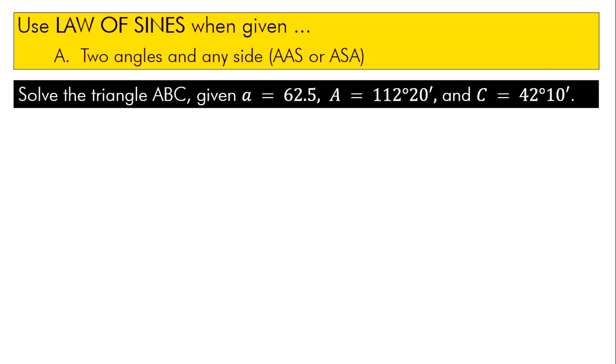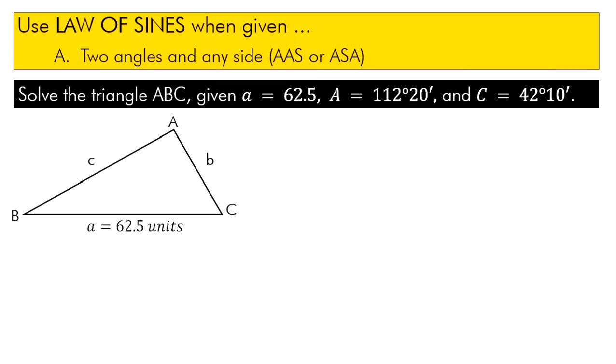In the illustration, side a is 62.5 units, angle A is 112 degrees 20 minutes and angle C is 42 degrees 10 minutes. The missing sides are b and c, and we also don't know angle B.